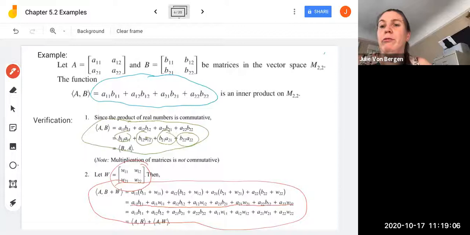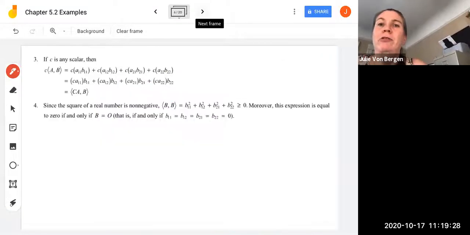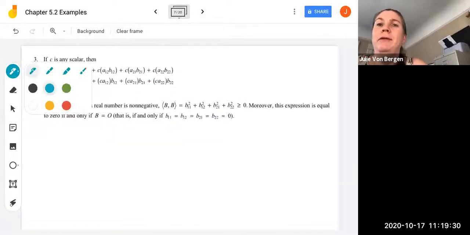And then we can regroup as we did in the third row and end up back here at the inner product of A and B plus the inner product of A and W. That regrouping is due to the real numbers, these values from the components, being able to be multiplied in any order. So we're making use of properties of real numbers there.